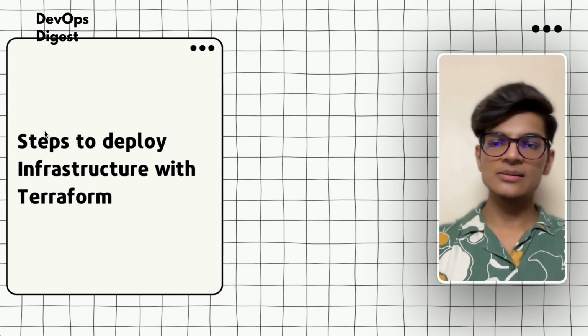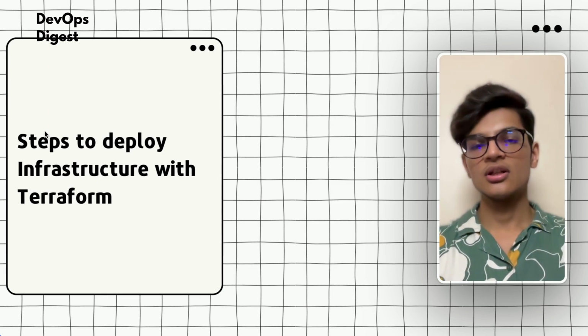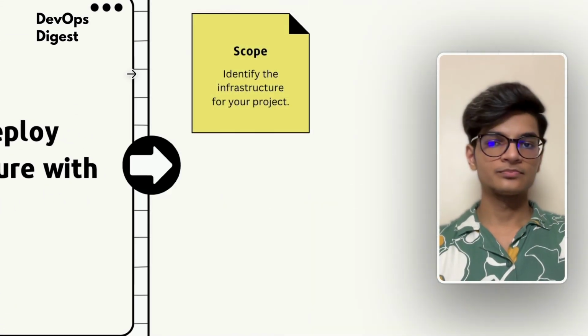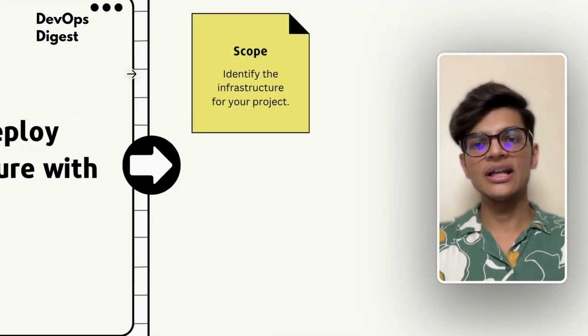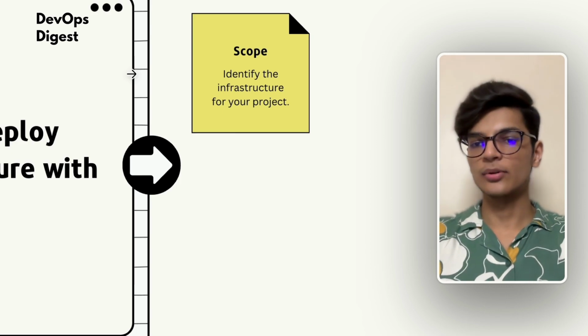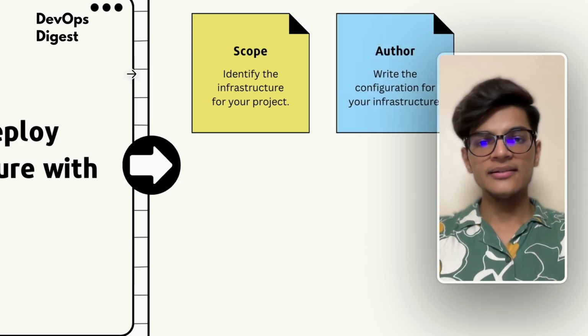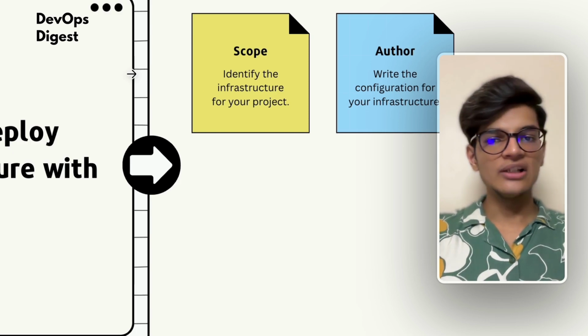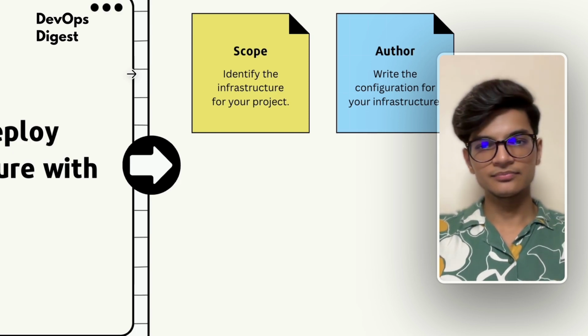Now let's discuss some steps to deploy infrastructure with Terraform. First being scope. First, we identify the infrastructure for our project. Then, a developer or a DevOps engineer writes the configuration file for our infrastructure.